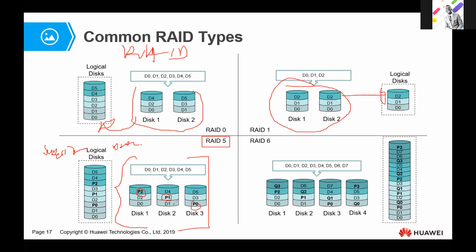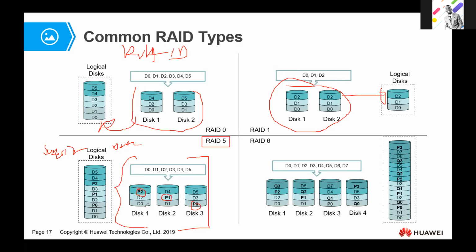It is also sometimes referred to as independent disks with distributed parity. RAID 5 uses parity for parity check and error correction. As you can see in this diagram, there are some disks which we are using, and you see this P is the check value of data and the D is the actual data.